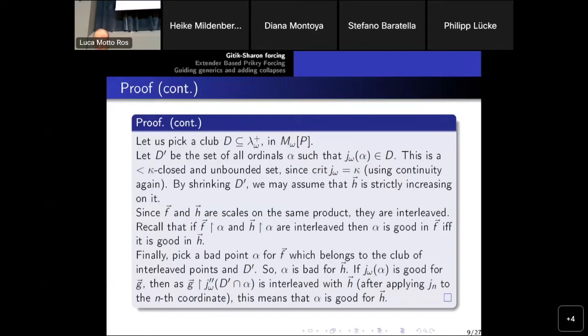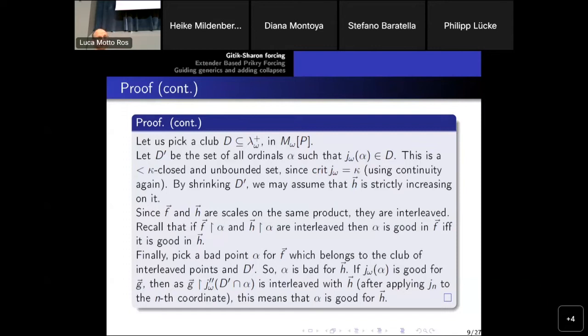Now, what are we going to do? I'm sketching this part a bit, but it's quite straightforward. We are going to compare H and G, and we know that if alpha is a bad point for H, it should be a bad point for H as well.